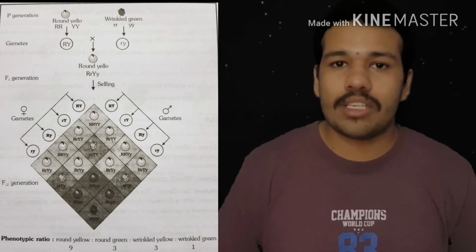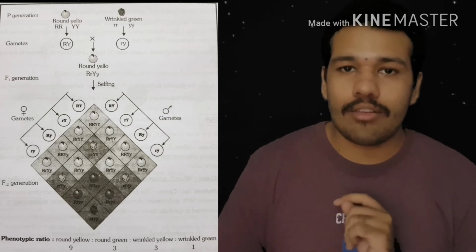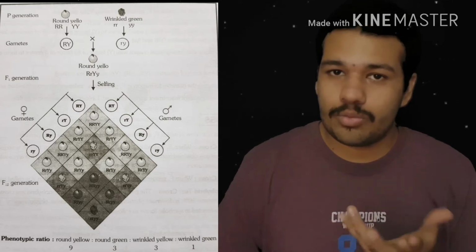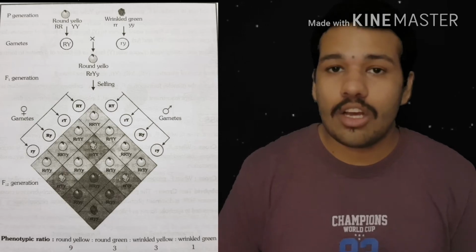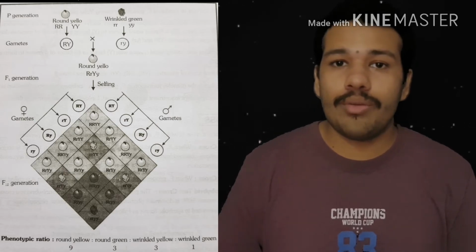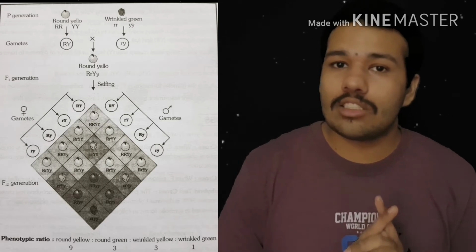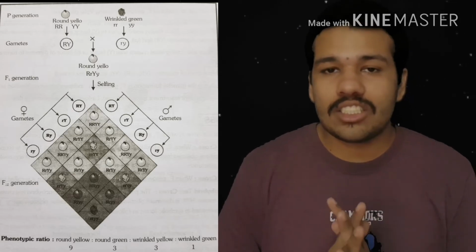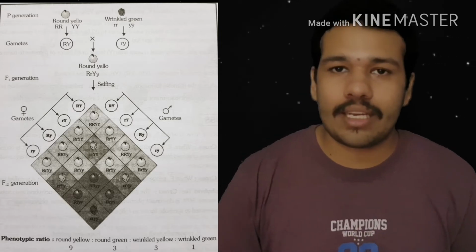Now the seed shape is round or wrinkled, we will represent round with R and wrinkled with small r. And the color is either yellow or green, so we will represent yellow with capital Y and green with small y.